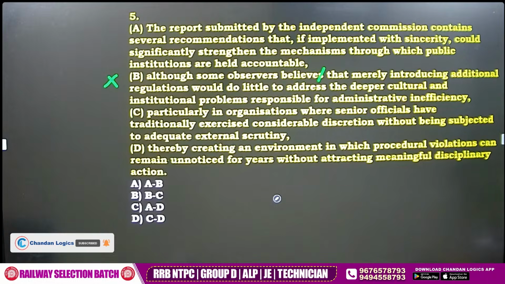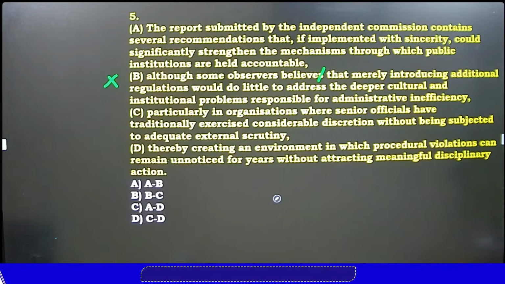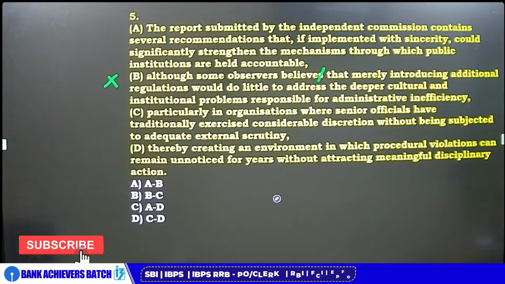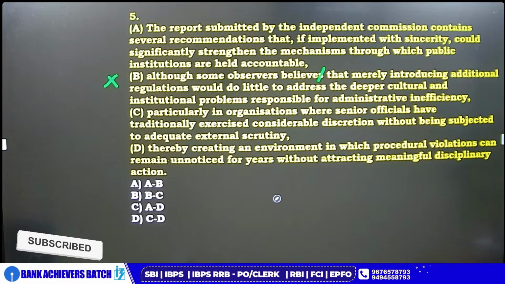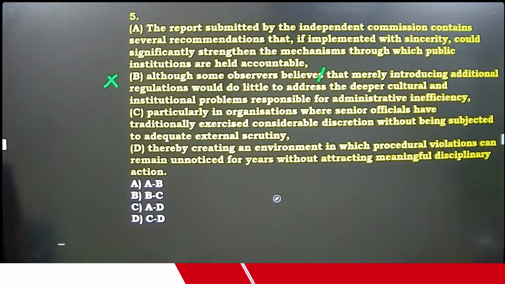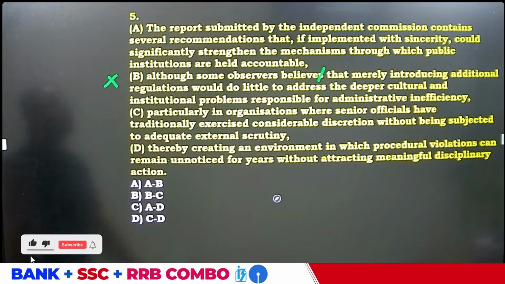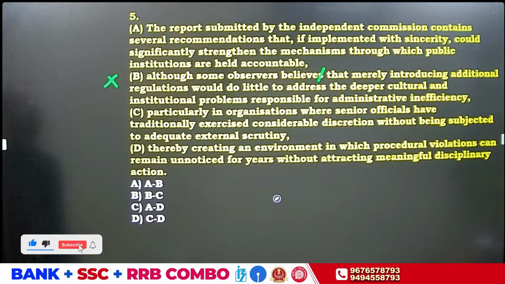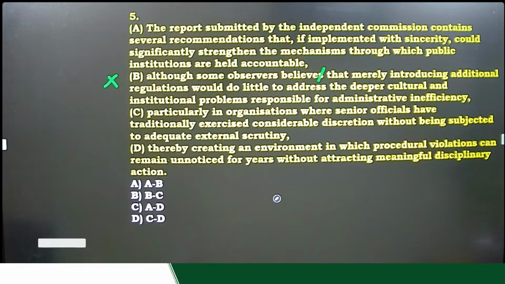Guys, do you think the sentence A has any error? Guys, waiting for your answer.